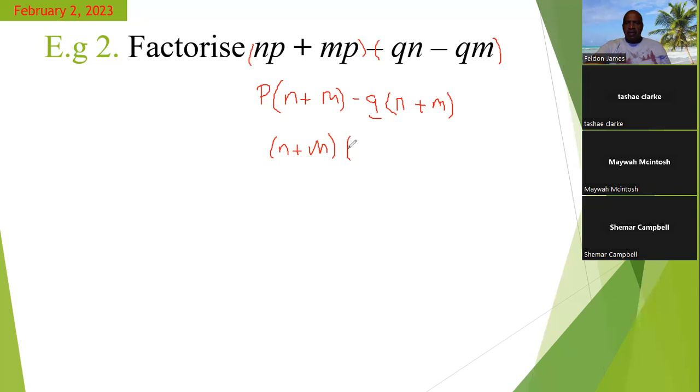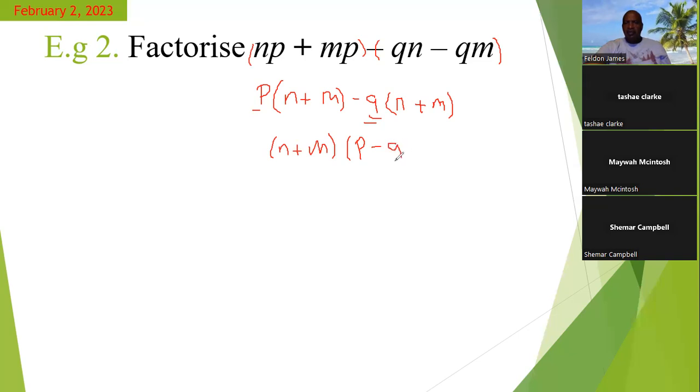So in our bracket here, we would have P. And as I said before, once you pull out one of the brackets, which is N plus M, the other two letters outside you can just group in the other bracket, keeping the sign in the middle. So you would have P minus Q.